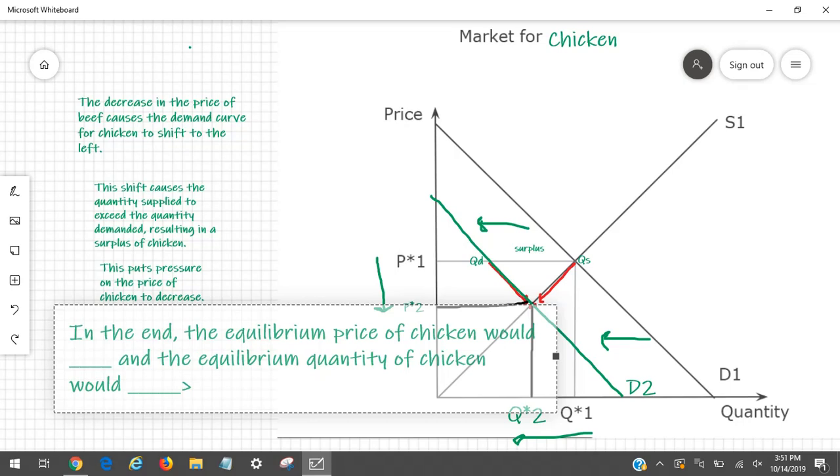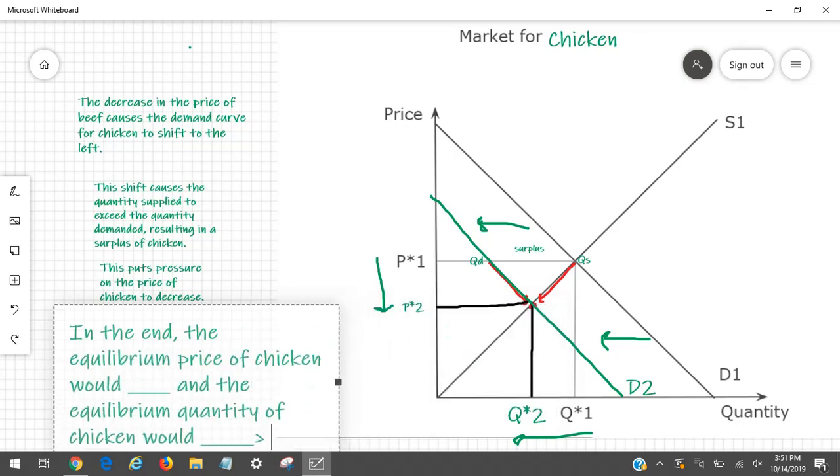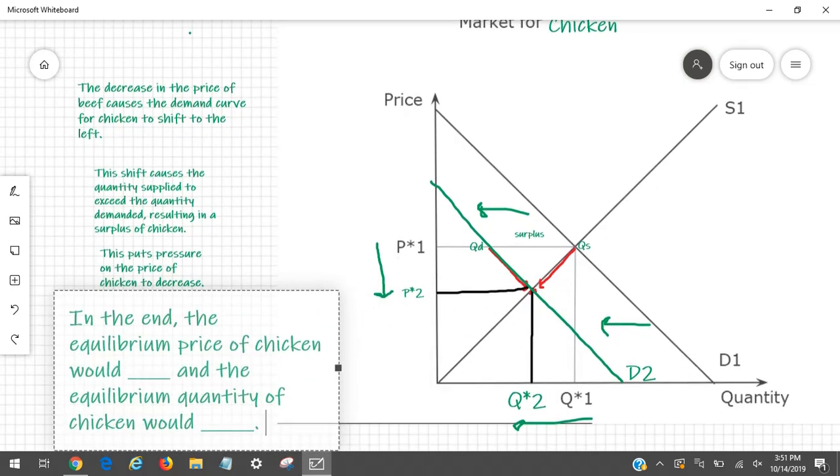And here I'm just asking you for the overall ultimate effects of the shift in demand, which was that the equilibrium price decreased and the equilibrium quantity also decreased. So the equilibrium price of chicken would decrease and the equilibrium quantity of chicken would also decrease.